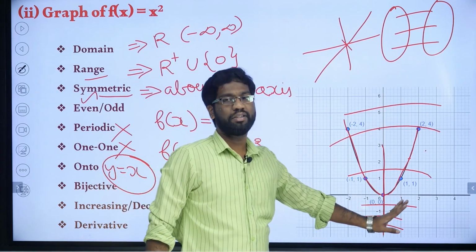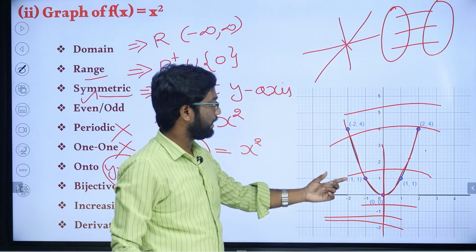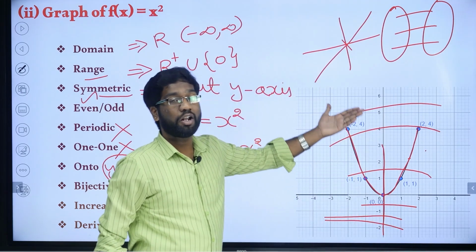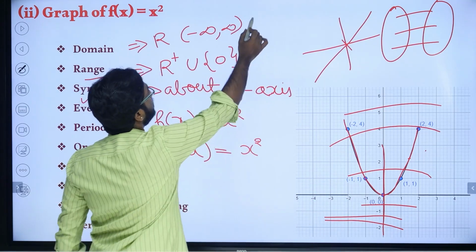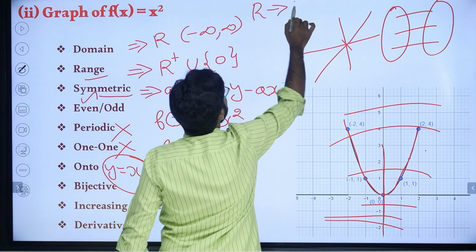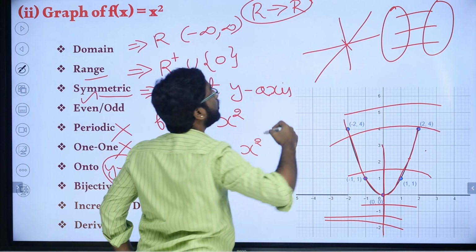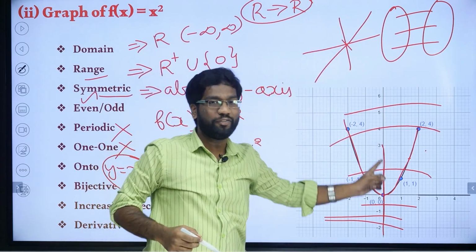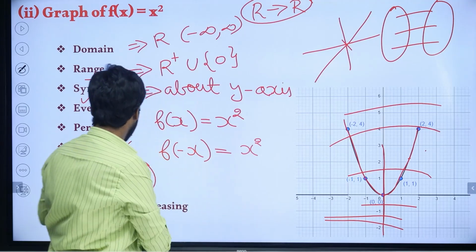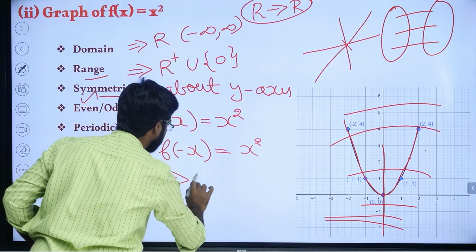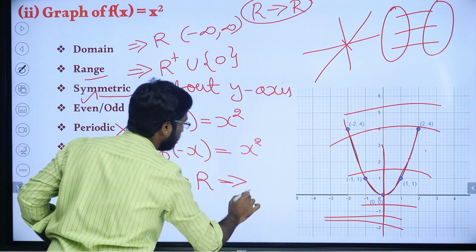But here, my dear students, you can see my graph is only in R plus, it is not in R negative, which means for R, generally I take domain and codomain as R. For R, this x square function is not an onto function. For R, my dear students, observe clearly, not onto.